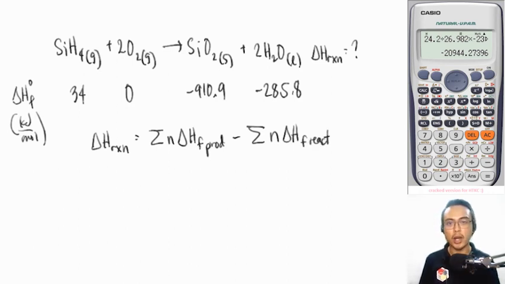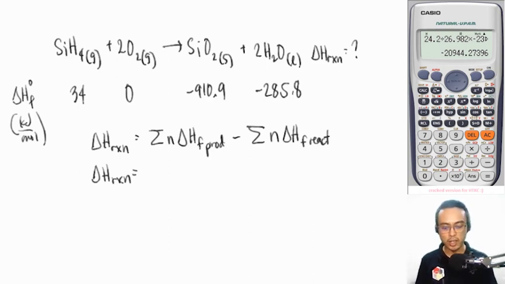It's products minus reactants. So, on our product side, we have two terms. That's from SiO2 and from H2O. You simply multiply the enthalpy of formation value by the coefficient in the balanced equation. Again, before you proceed, make sure that your equations are balanced.